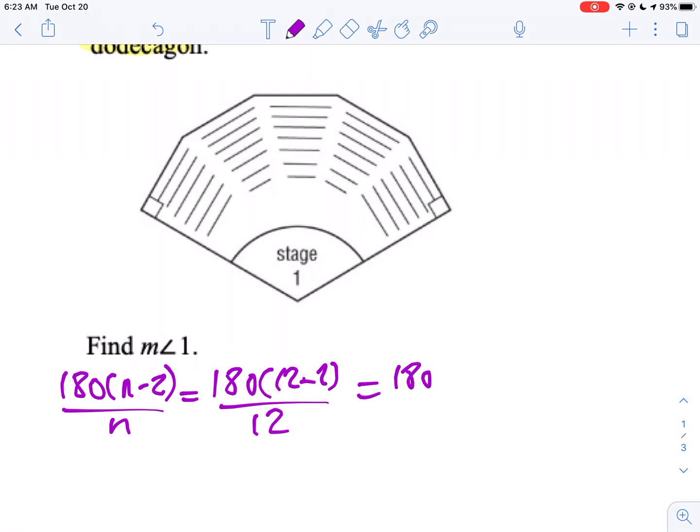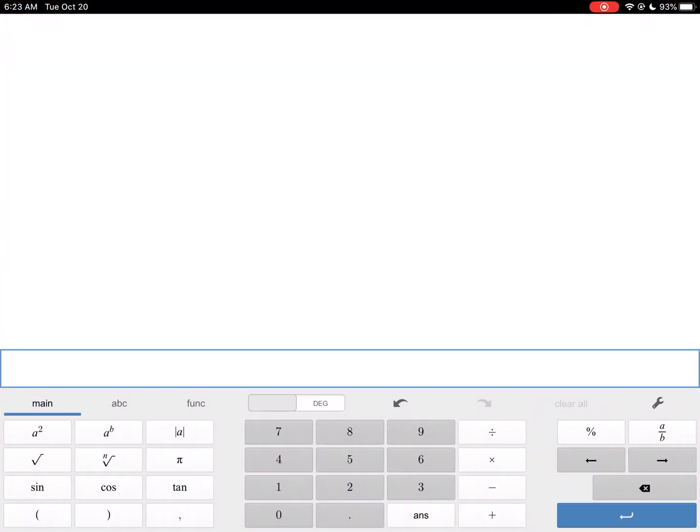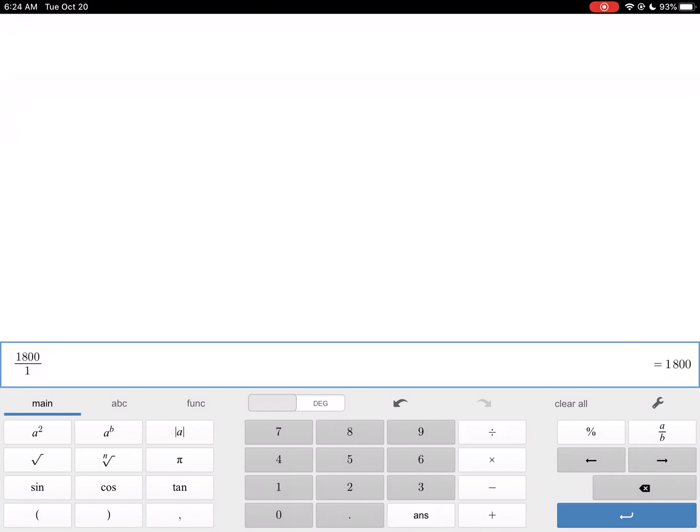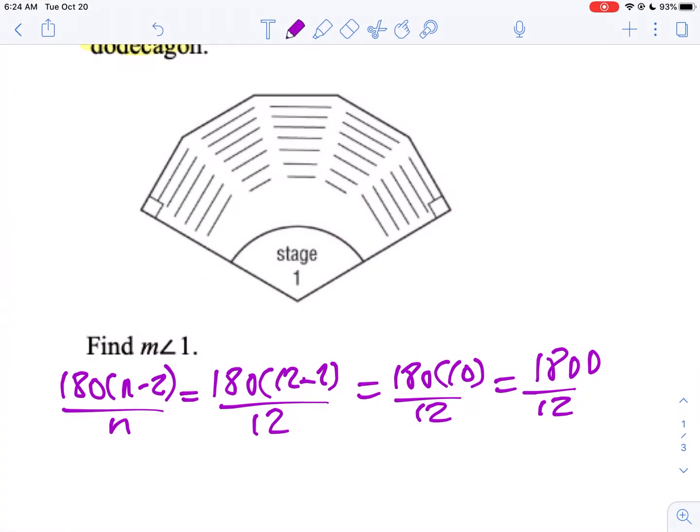So it's 180 times 10 divided by 12, which is 1800 divided by 12, which is 150. Let me double check with the calculator. So we take 1800 divided by 12. Yes, each angle is 150 degrees. So we have this 150 degree angle in here 4 times.